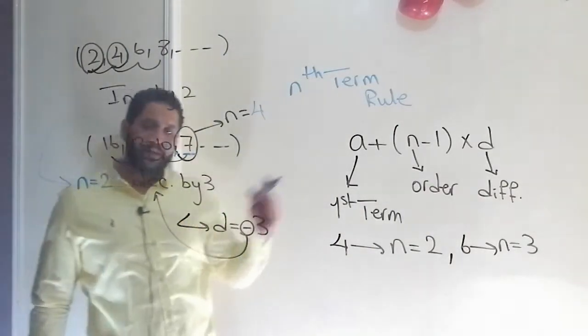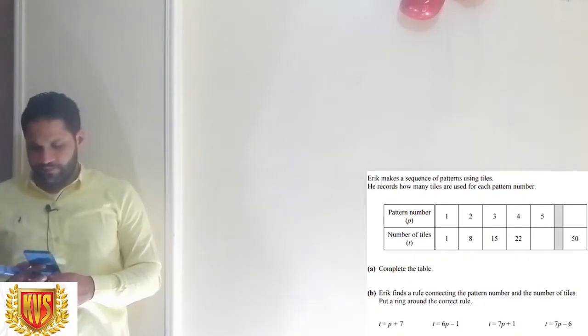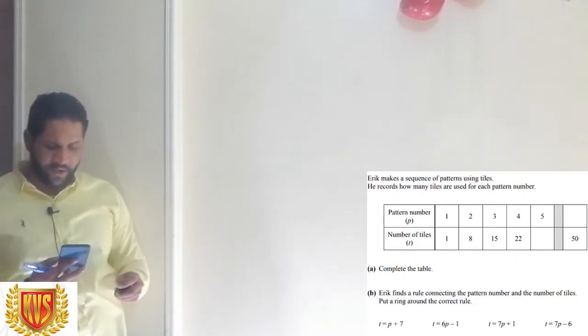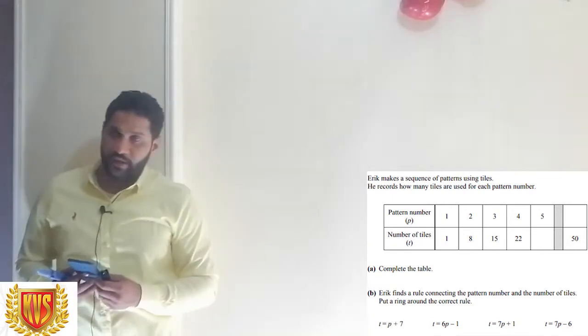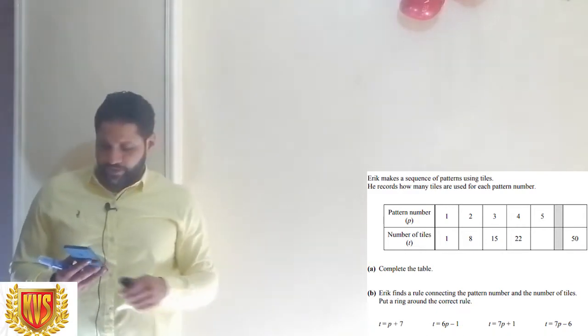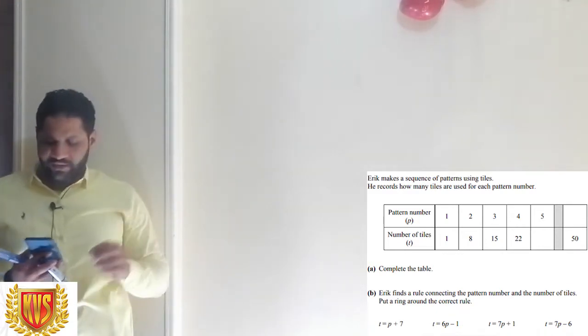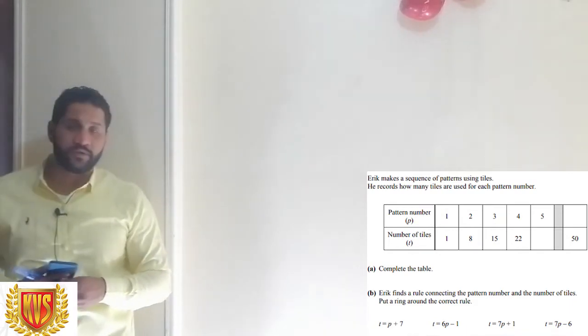Okay? Let's solve about the sequence now. Example 1, he's saying that Eric makes a sequence of patterns using tiles. He counts how many tiles are used for each pattern number. Okay, I can see in the table the patterns are labeled 1, 2, 3, 4, and 5, and I have 1, 8, 15, 22, and he wants me to find the fifth number.